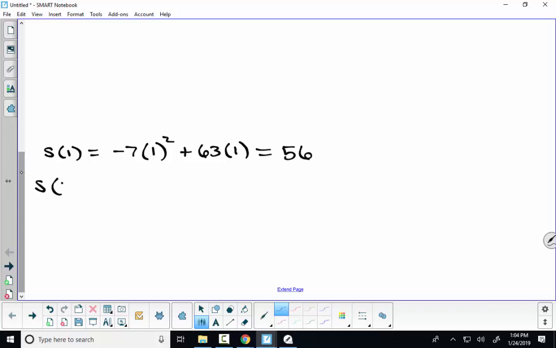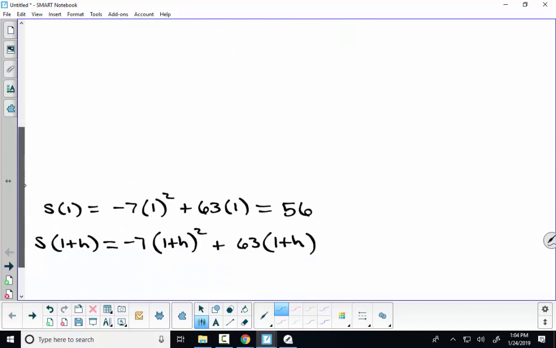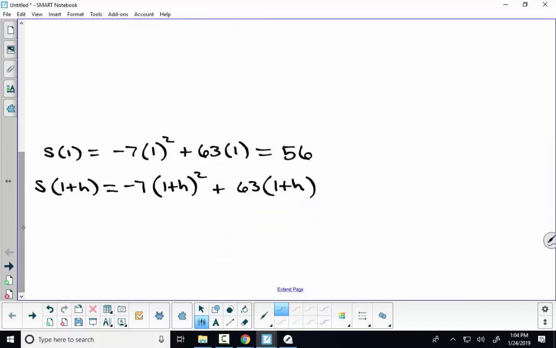So then computing s of 1 plus h, it's a little more abstract because we're going to get an expression involving h. So we have negative 7 times 1 plus h squared plus 63 times 1 plus h. Just simplify this as much as we can.